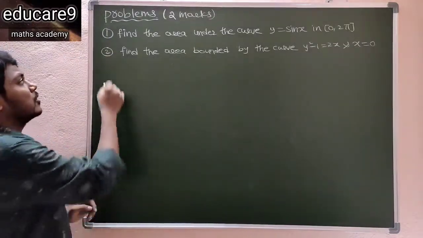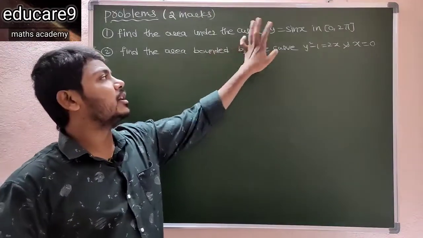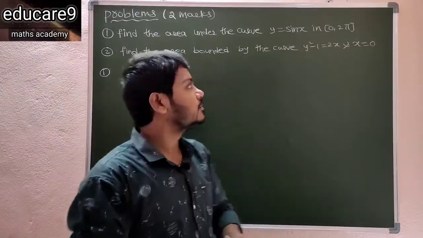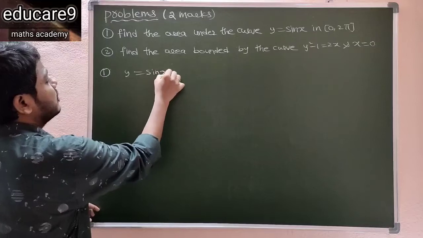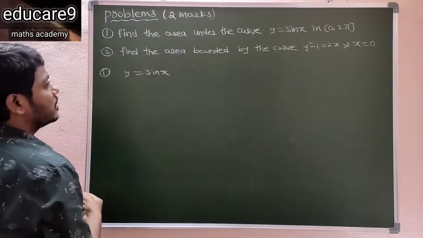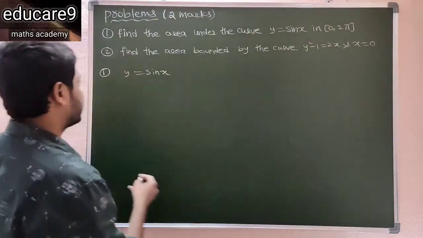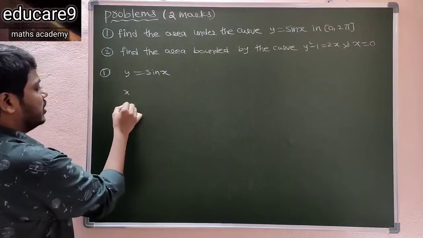So see the question number 1. Here find the area under the curve y is equal to sin x in the interval 0 to 2 pi. So here given curve y is equal to sin x. Okay. Now you have to draw the graph of sin x. See here x value, y value.